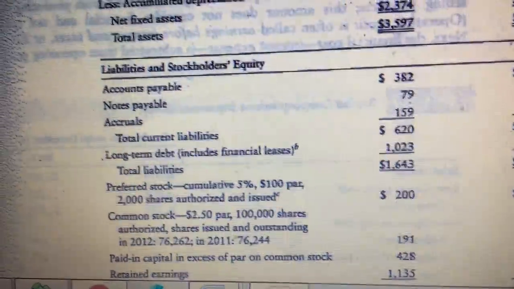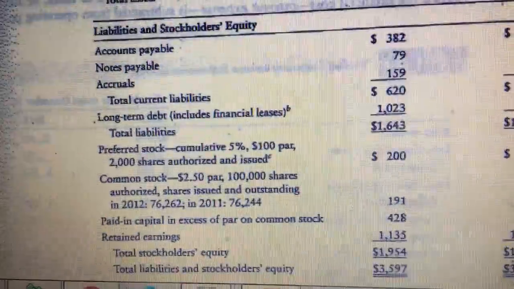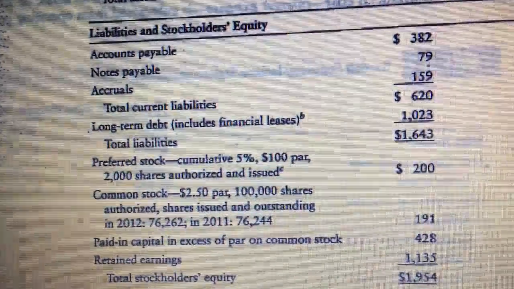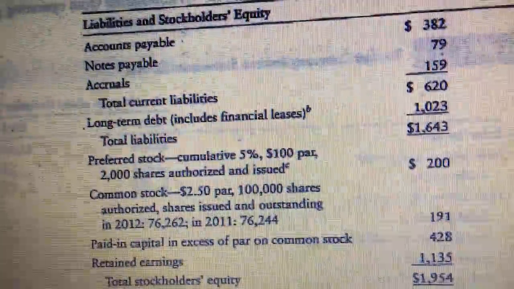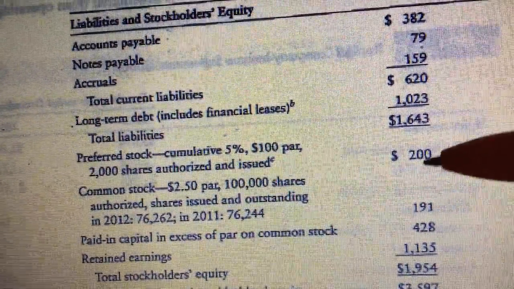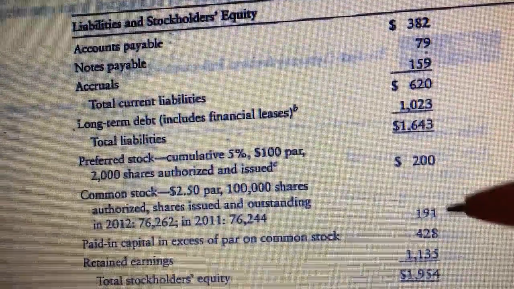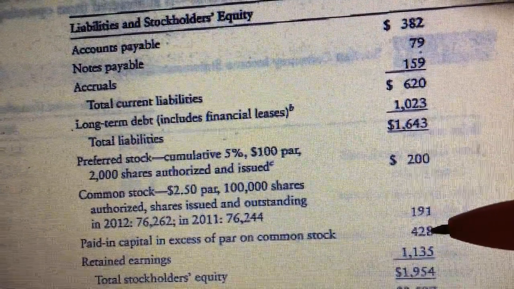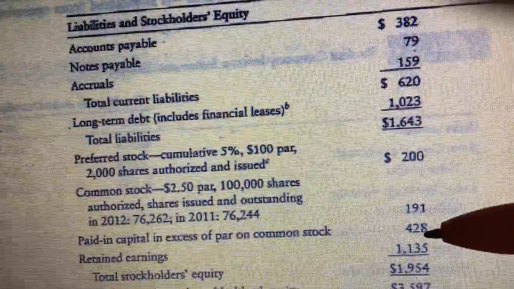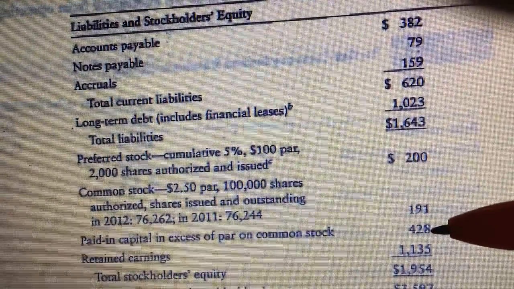Okay, then you have your stockholders' equity. Now, stockholders' equity consists of your stock. You have both preferred and common stock here. You have what we call additional paid-in capital, which means an amount over the par value.